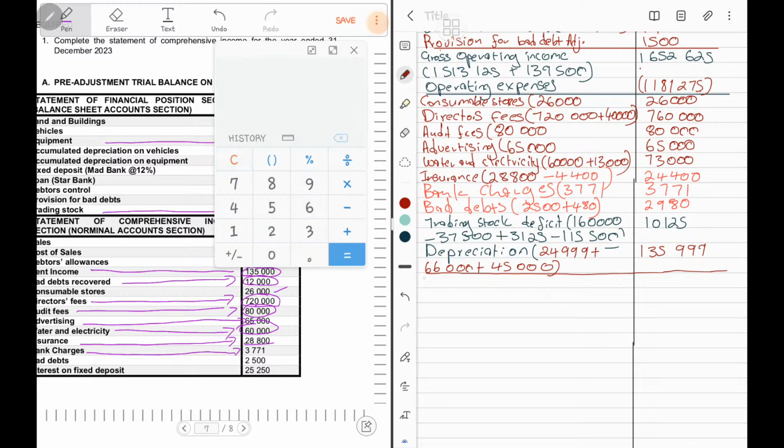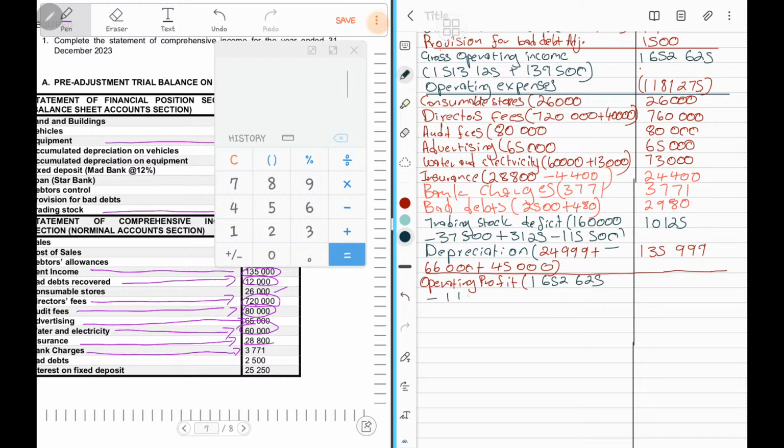Then to find the operating profit, we're going to say gross operating income, then we're going to subtract the operating expense. So it will be 1,652,625.